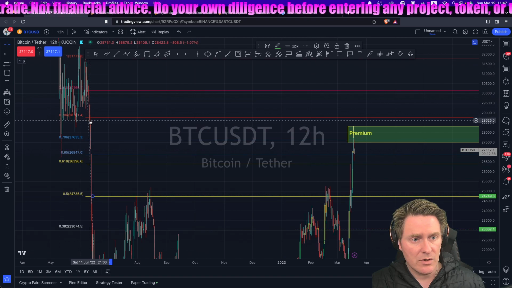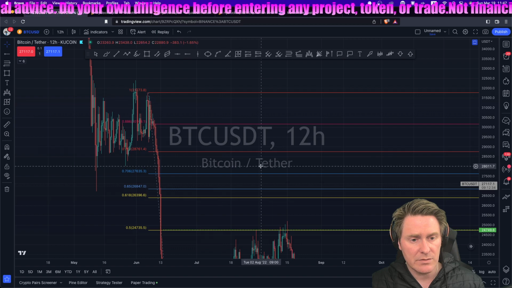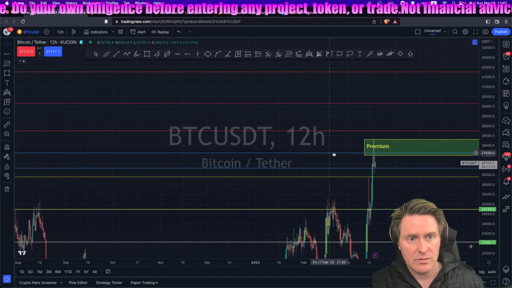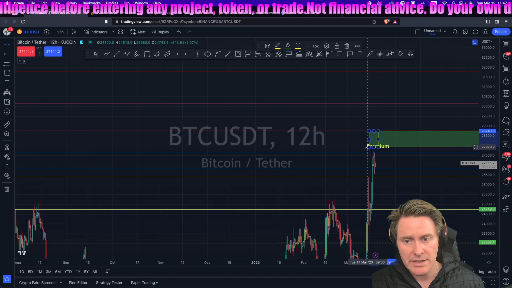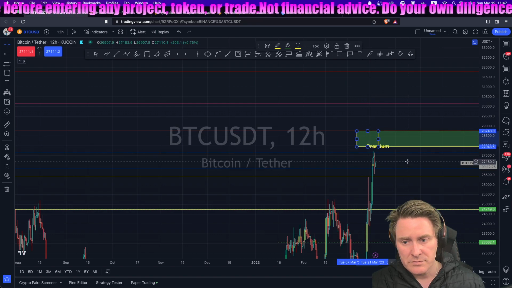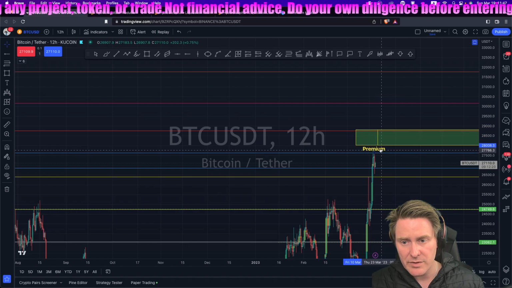So if you have this open, we could look at the 28761 region as that kind of premium rejection idea. So the more shorts that keep opening, the more they pave the path to be wrong though.